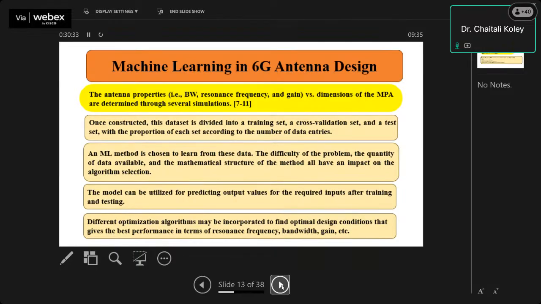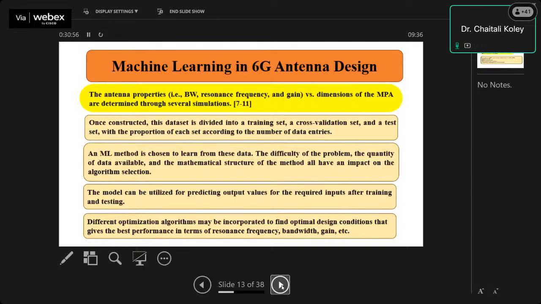The main issue or problem of the machine learning method is data availability. The mathematical structure of the method has an impact on the algorithm selection, and the model can be utilized for predicting output values for required inputs after training and testing.